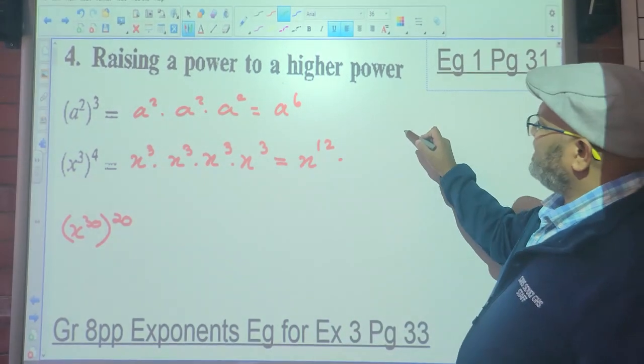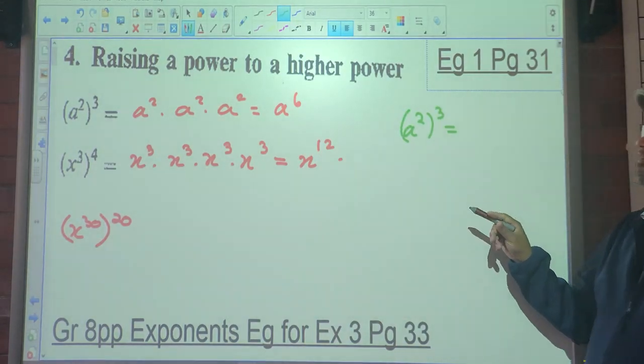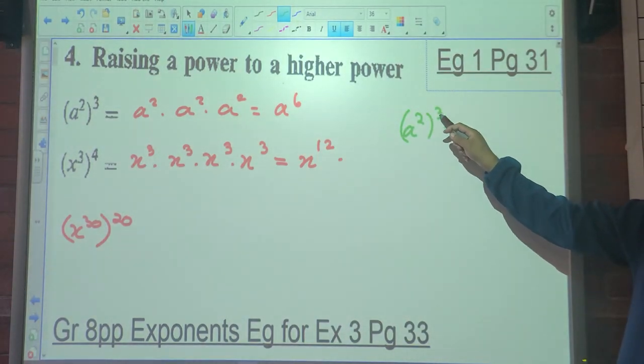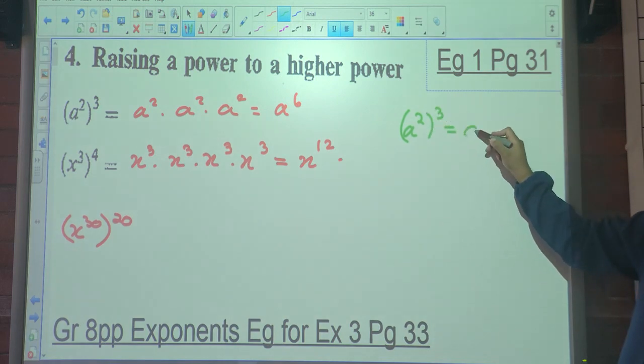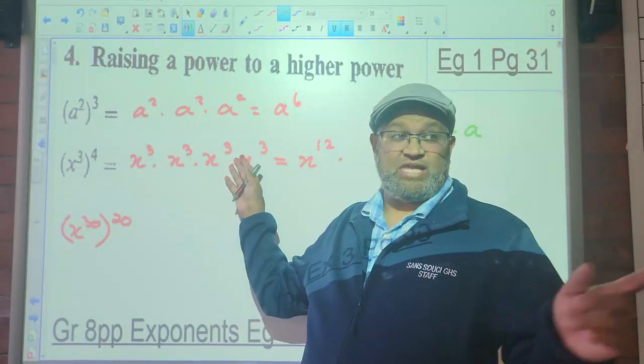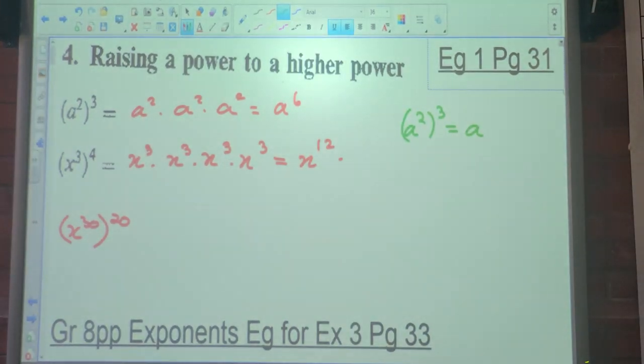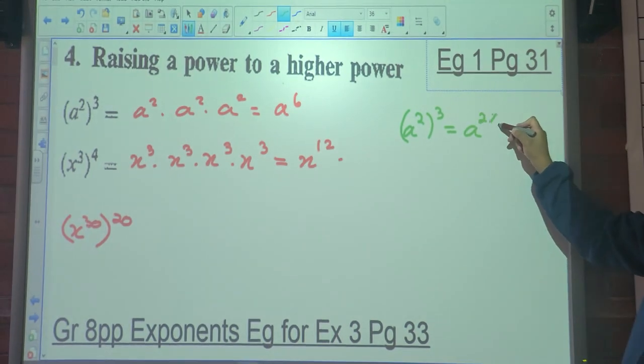If I have a squared raised to the exponent 3, what we do is, if something is raised to an exponent, we multiply the exponents. Remember, when we multiply and the bases are the same, we add. But if we have a power raised to a higher exponent, we multiply the exponents. In other words, it's 2 times 3.